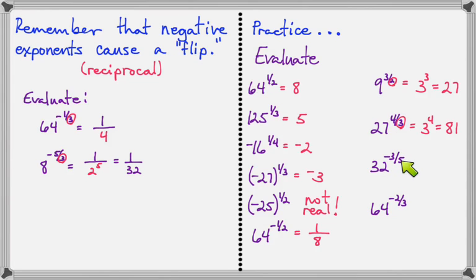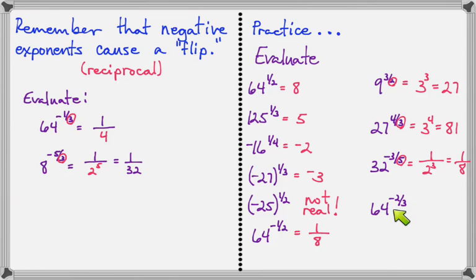Alright, the 5th root of 32 would be 2. And I've got a negative here. So the negative is going to cause it to flip over. The 5th root of 32 is 2, so it's going to be 2 to the 3rd. Now I have to work out 2 to the 3rd is 8, but it's in the denominator, so I have 1 over 8.